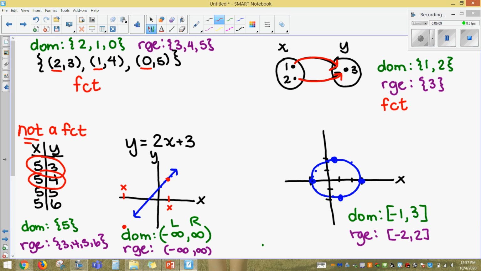If I come down here low enough on my line, here is 1 point, but only 1 point that has that value of x. And here is 1 point, and here is 1 point, and out here would be 1 point. So in my mind, I have to think, can I ever think of a place that I would stand for x that there would be more than one y value that goes along with that particular x?